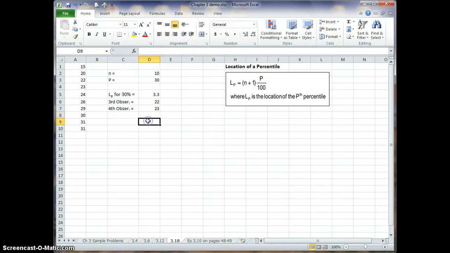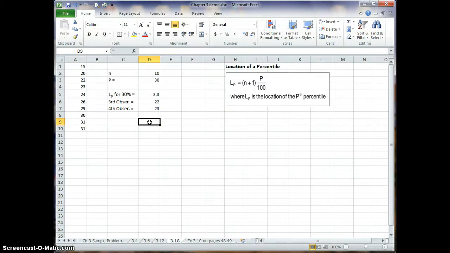So then what we want to do to calculate that is we're going to take this formula of the 0.3 times the difference between the fourth and the third observation to give us a number, and then we're going to add that back to the third number, and that will be our 30th percentile.